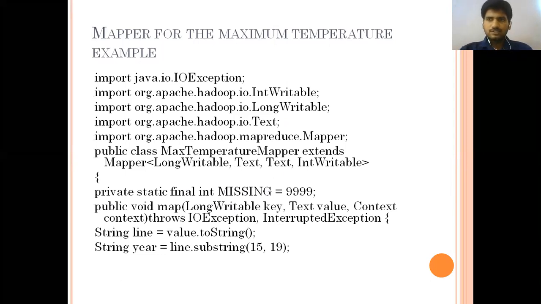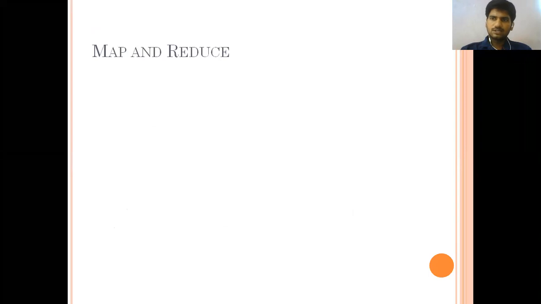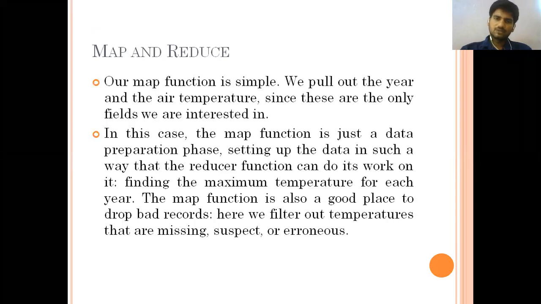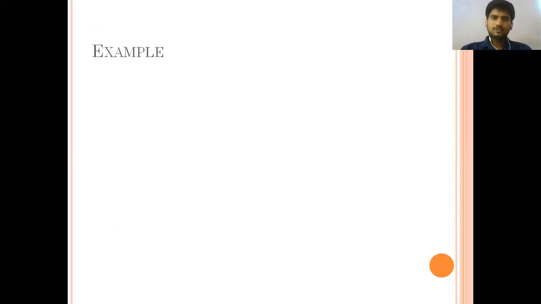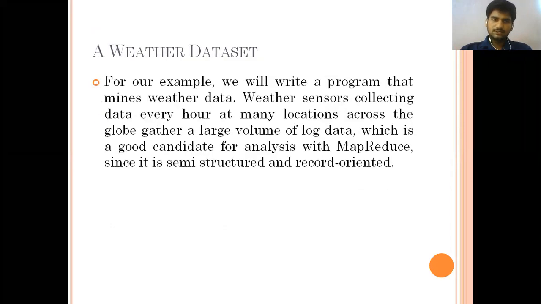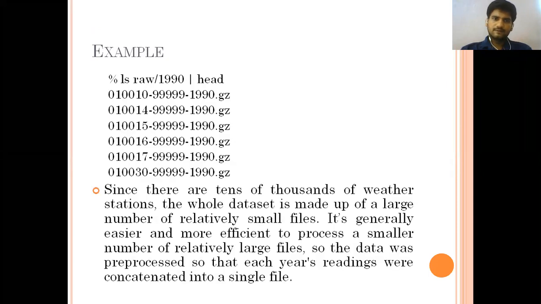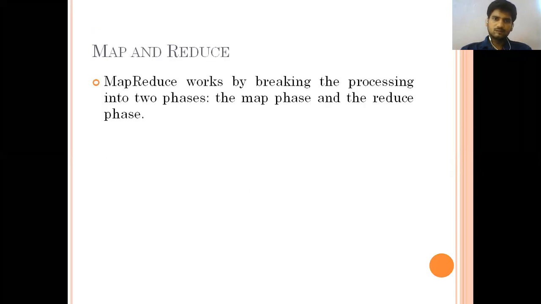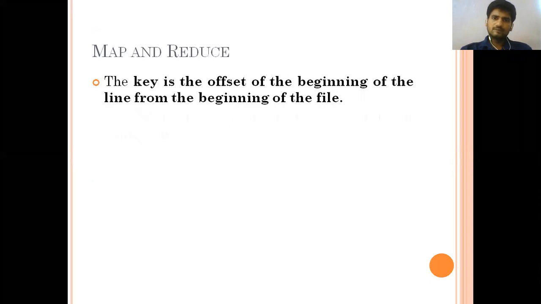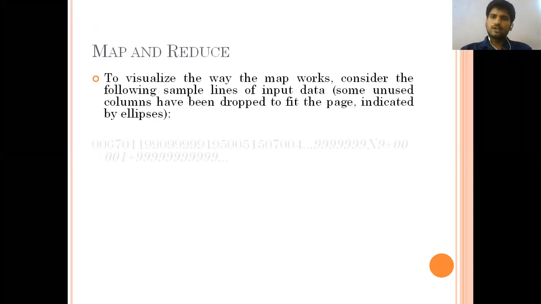Do you remember that line of the temperature in the previous class? It ended with 1990. I will show you that line, if you remember. See that weather data set.